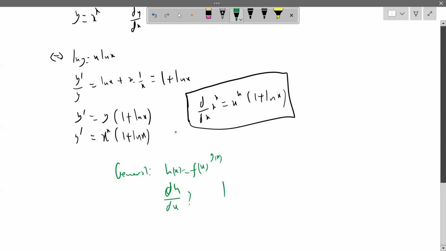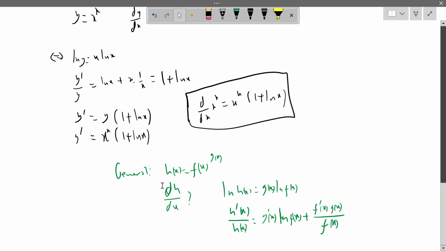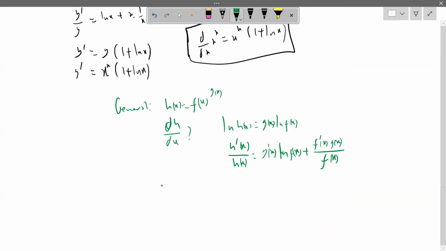So we take the derivative of both sides. And then we take the derivative of both sides now. And then we multiply both sides by h of x.